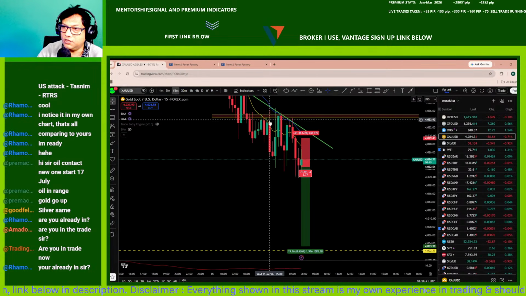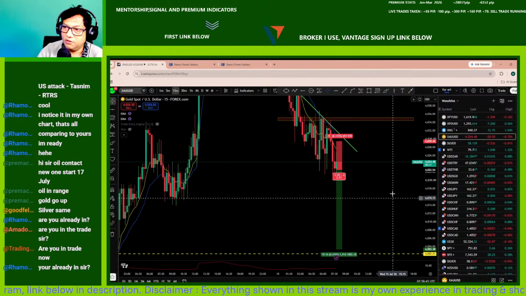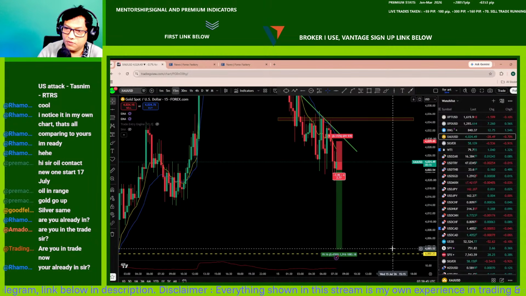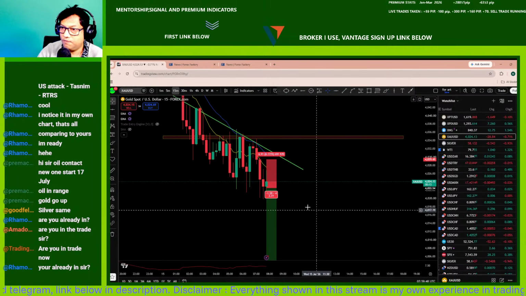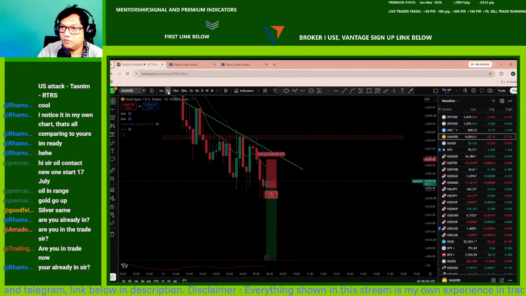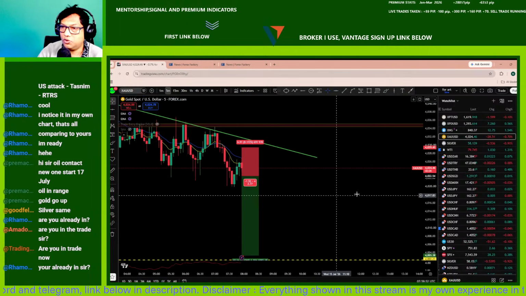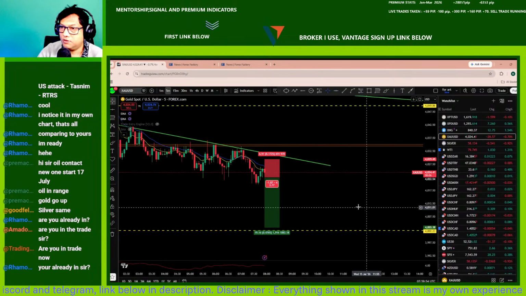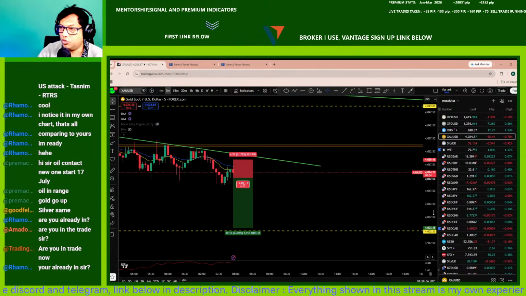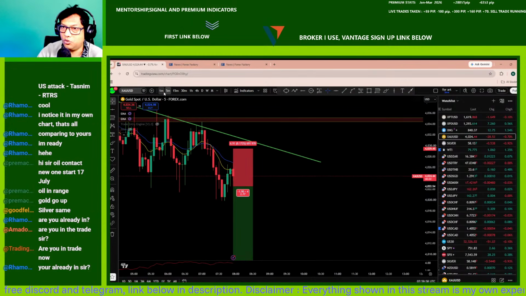In that case, if you look, this is a structure channel, and breaking from the channel can bring the market back to this daily support area. So you have opened 3 to 1, nearly 2.7 to 2.8 risk reward.